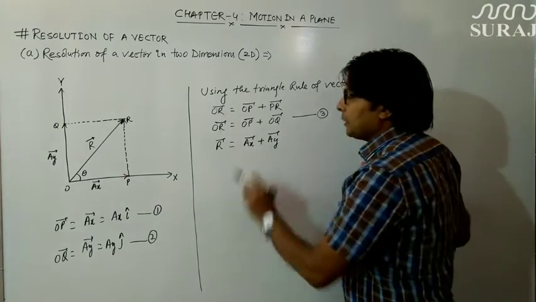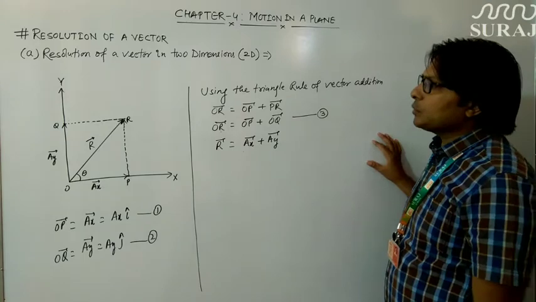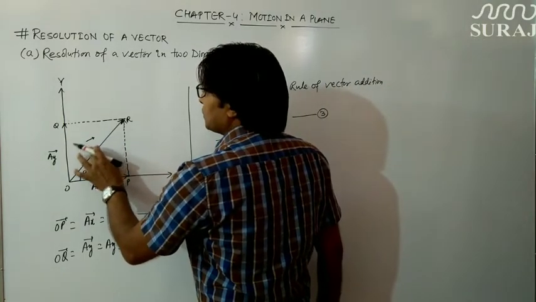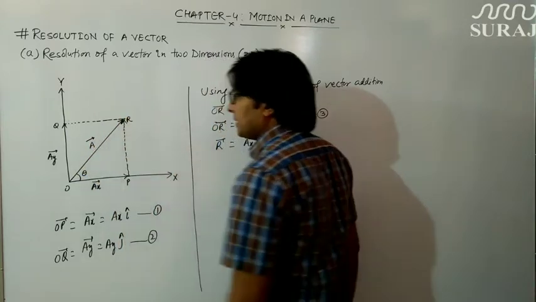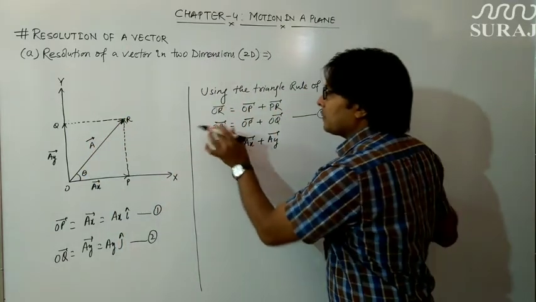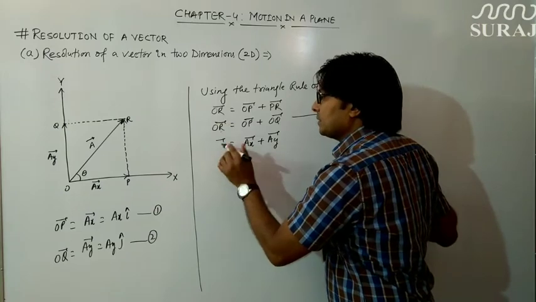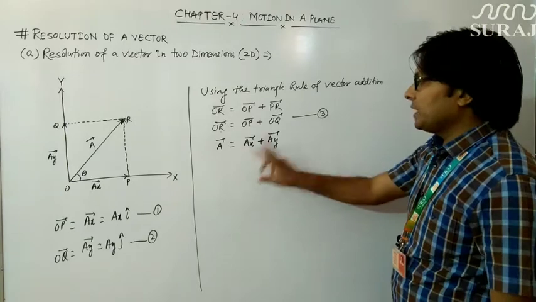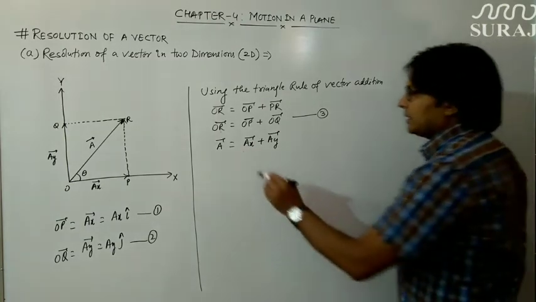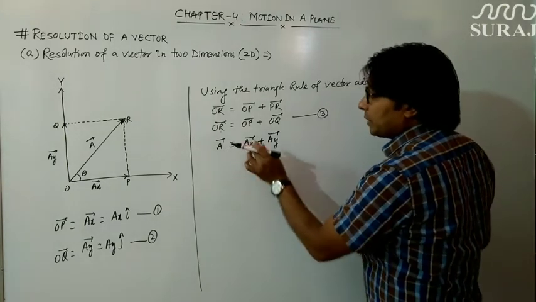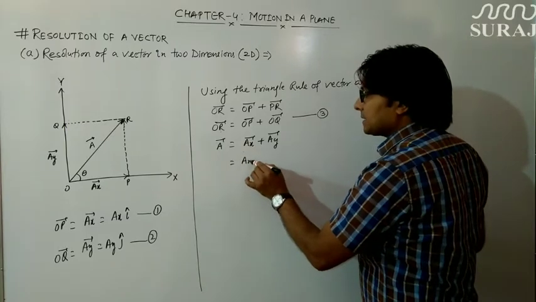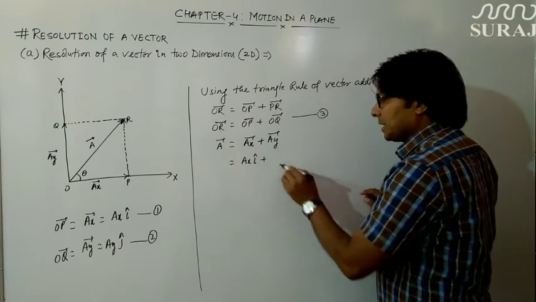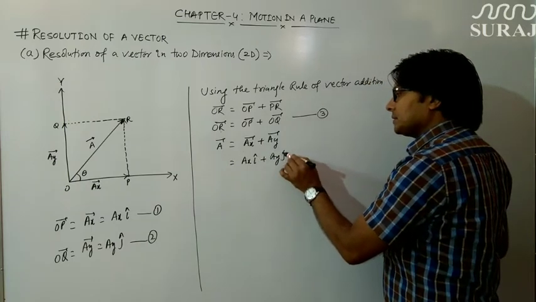And suppose this we are representing as A vector. So if you represent it by A vector, then you can write down OR vector as A vector. So that will be good. A vector is equal to AX vector plus AY vector, and putting the value of AX vector, we can write down AX, which is the magnitude of AX vector, i cap plus AY j cap.